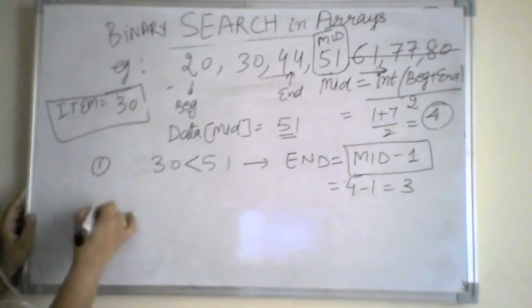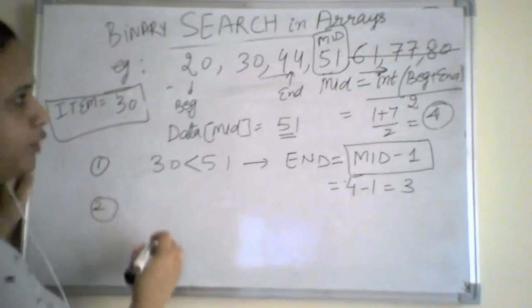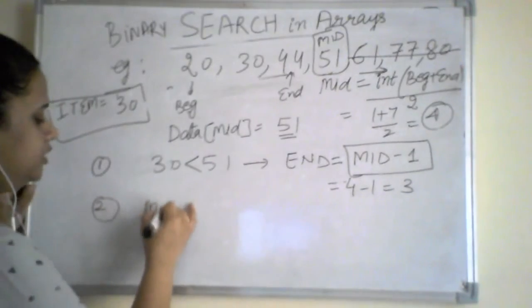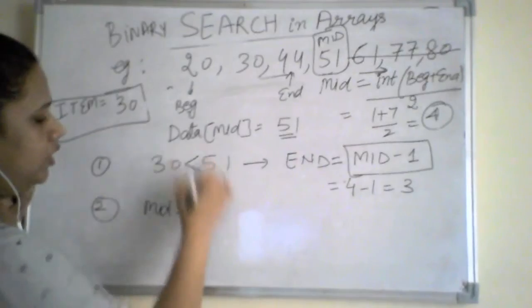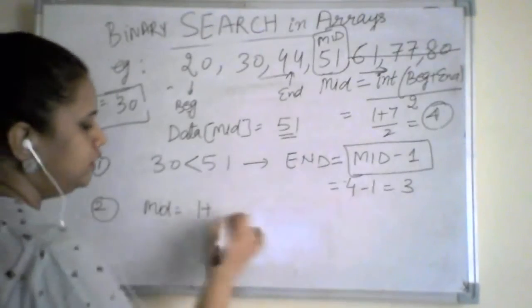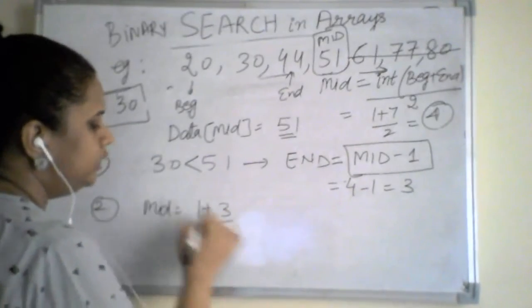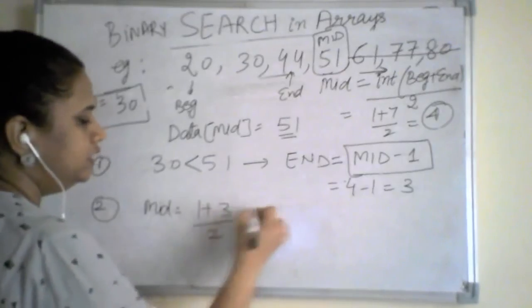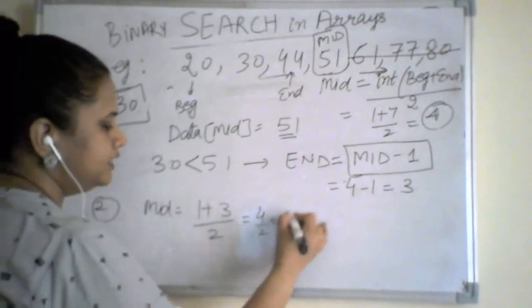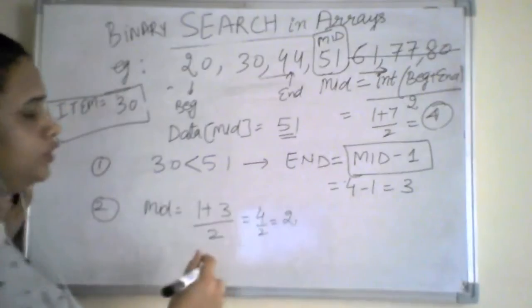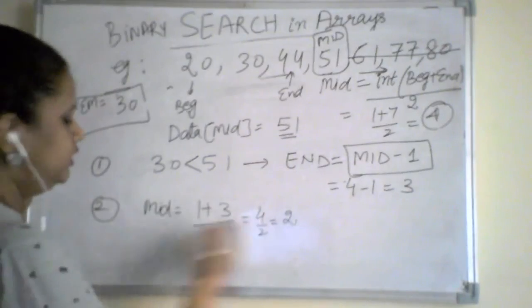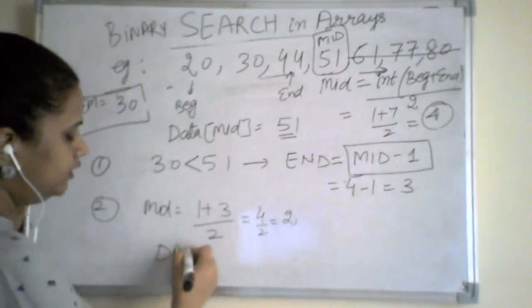Alright. So in the second step, again I will perform the mid operation. Mid will be 1 plus 3 by 2, which is 4 upon 2, that makes it 2. So which value is present at the second position? I will check data mid.